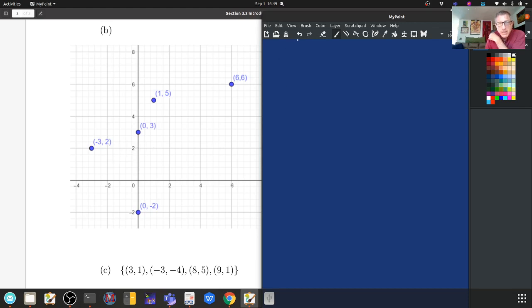And if we look right here, we will find that 0, 3 is an element of this domain, and so is 0, minus 2. So here we have the same domain element paired with two different range elements. So this is not a function.